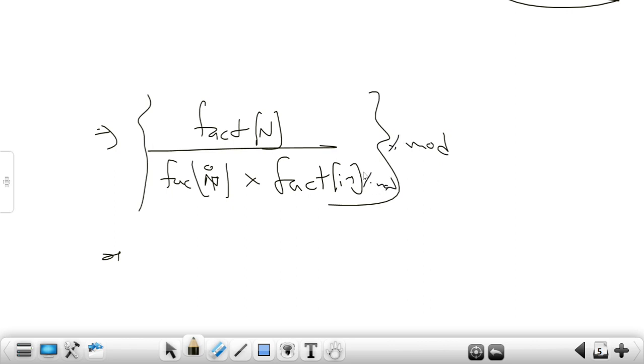Before that, I want to tell you that we can do this using modular arithmetic. This is known as modulo inverse, the concept that we are going to use in order to solve this problem.